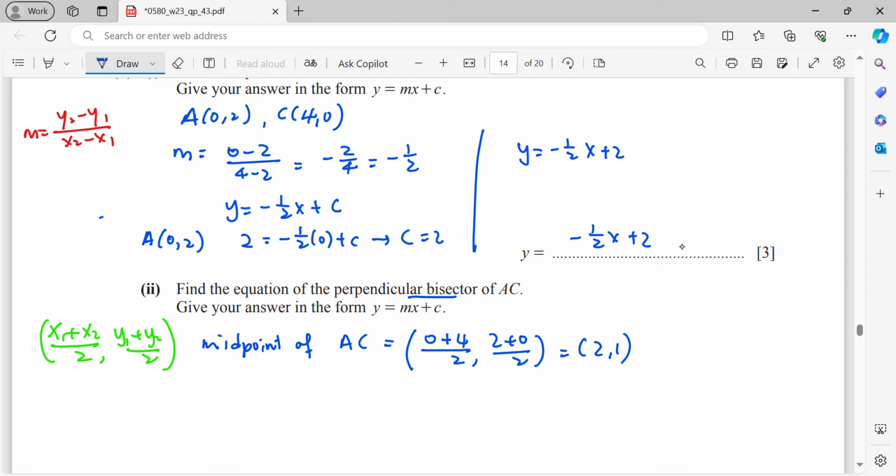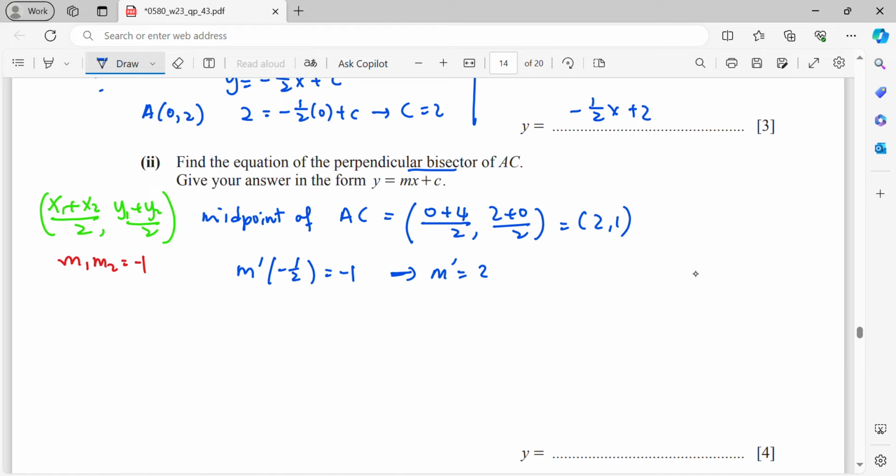And now we need to get the gradient which is perpendicular to the gradient of AC. So m prime times negative half equals minus 1. Our formula is m1 times m2 is minus 1, and my m2 is the negative half. Then you will get m prime is 2.